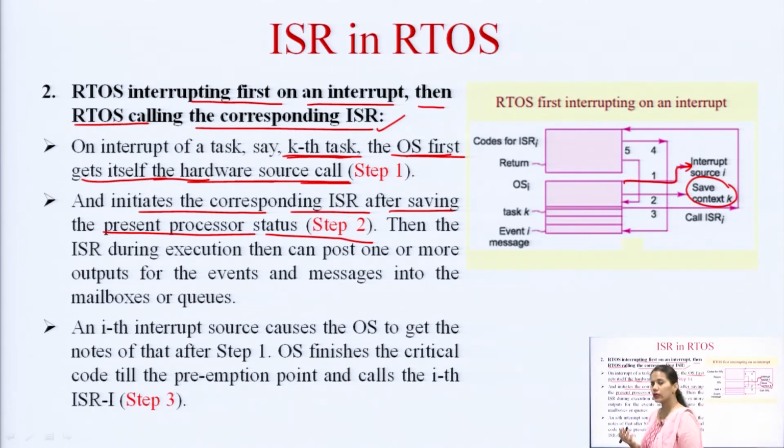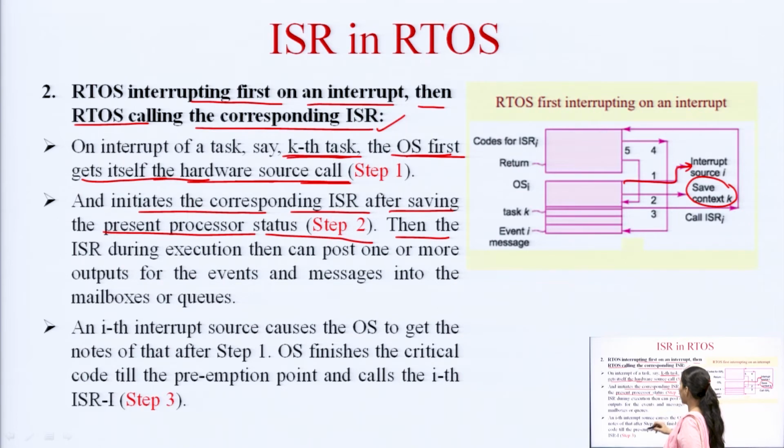As I have already discussed, before switching to the interrupt service routine, the context must be saved so that it is easy to come back to the main program which was interrupted. So, it is a very important step to save the context.